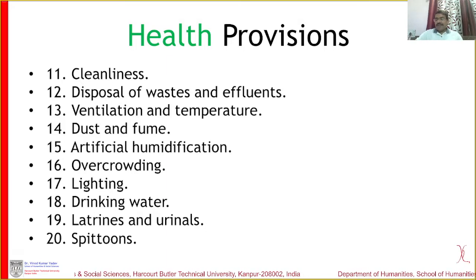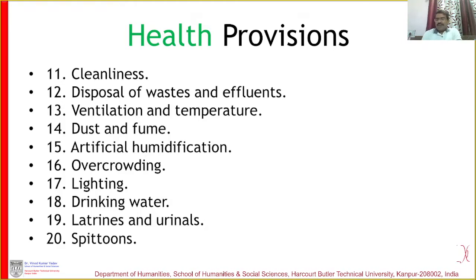Lighting facility means proper lighting at the workplace must be there. Drinking water, according to your health requirement, must be there. Latrines and urinals, this is very important. Earlier it was 250, but I think the latest update that I have is 100 or 150 people.